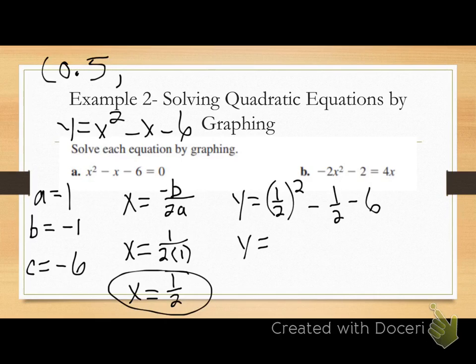That's 1/2 plus 1/2. What's 1/2 times 1/2? Okay, 1/2 times 1/2. What's 1 times 1? 1. What's 2 times 2? 4. So what's 1/2 squared? 1/4. Very good.